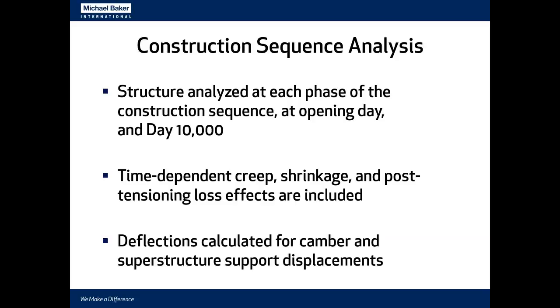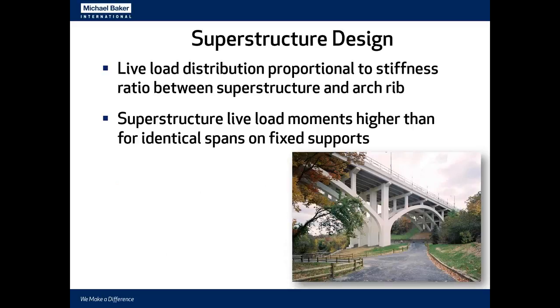And these deflections are calculated, long-term downward deflections of the arch camber and superstructure support displacements, which I'll get into in just a second. And as part of our analysis, the structure was analyzed at each phase of the construction sequence, at opening day and after creep and shrinkage effects had dissipated at day 10,000.